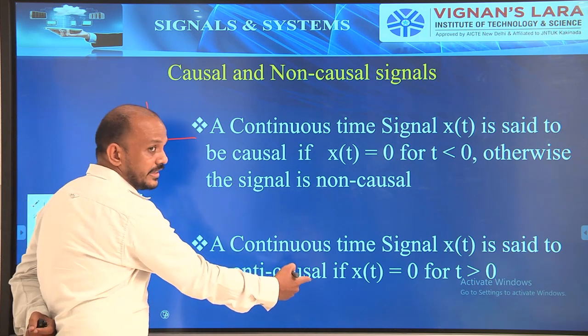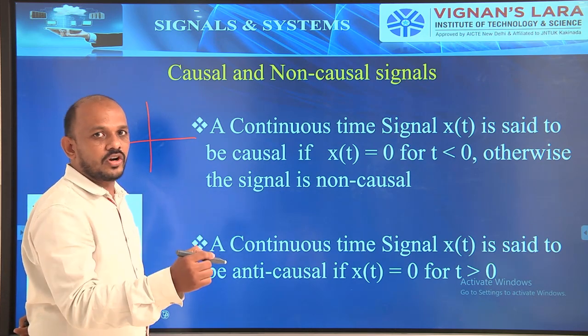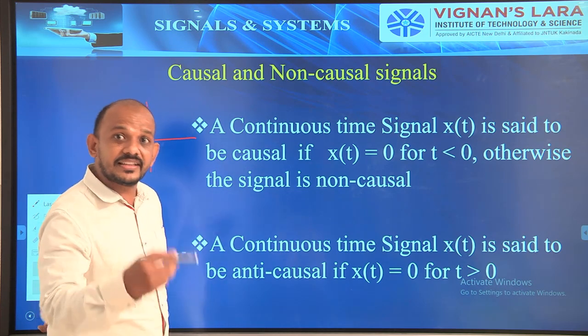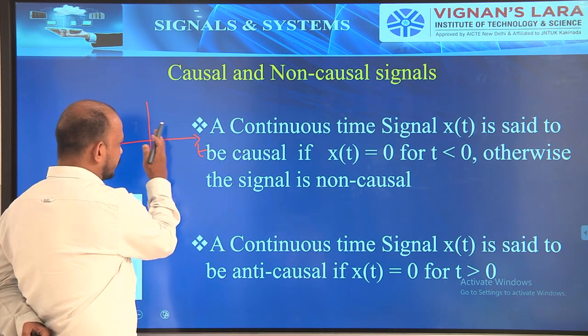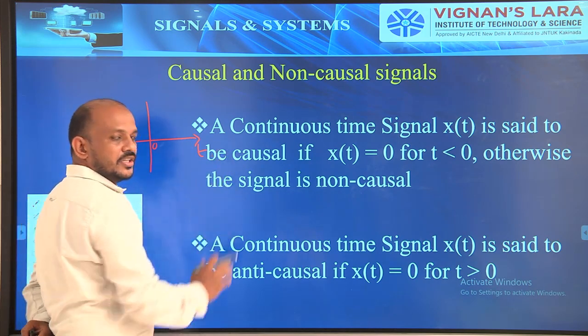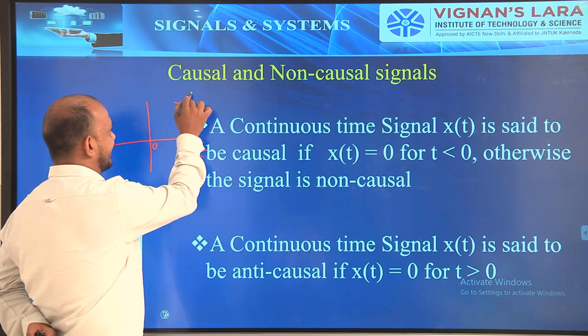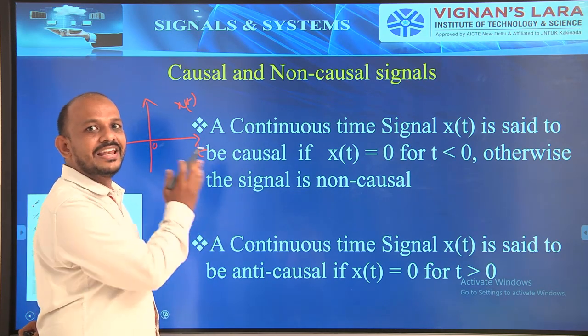Anti-causal: a signal is said to be anti-causal if x of t equals 0 for t greater than 0. So for positive time, there should be no signal of x of t, and the signal is present only on the left side.